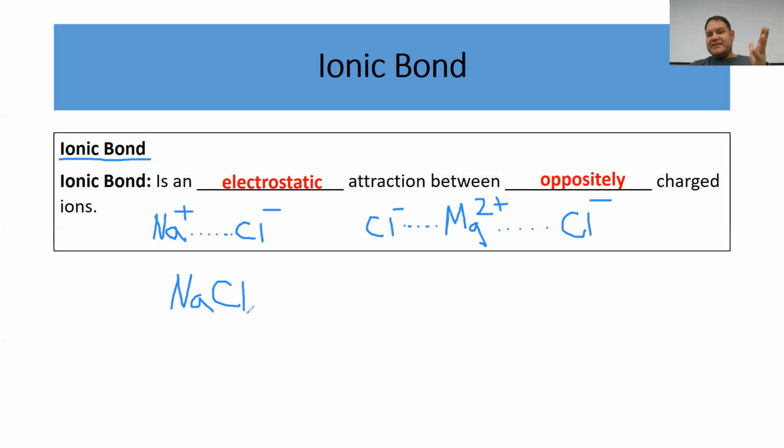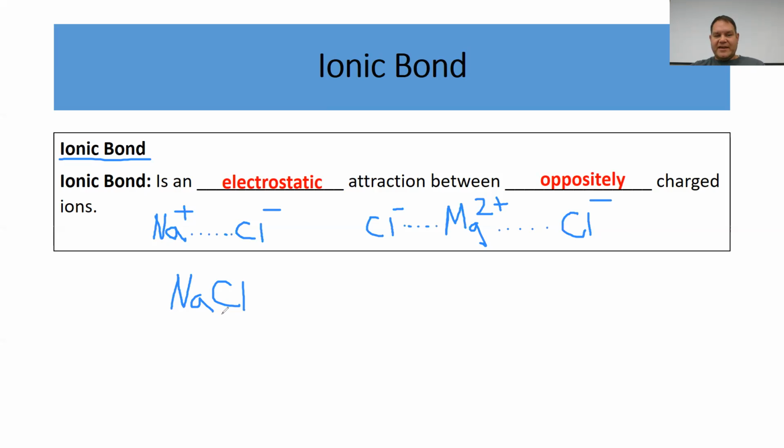Now, it doesn't mean that the positive and negative charges have gone away. They're still there, all right? That's what creates the attraction in the first place. But we can eliminate them from our formula to let the reader know that we have a balance of charge, positive and negative, okay?